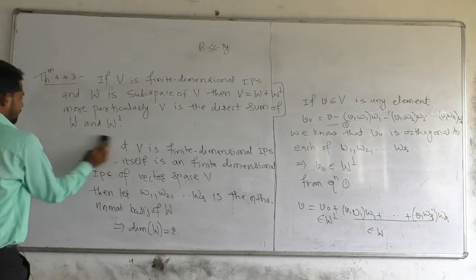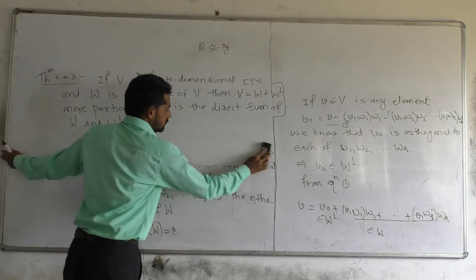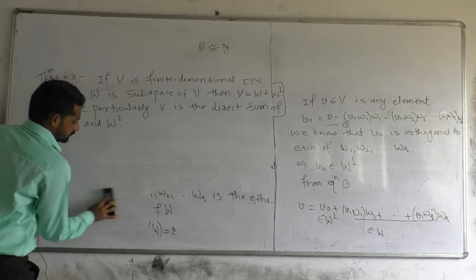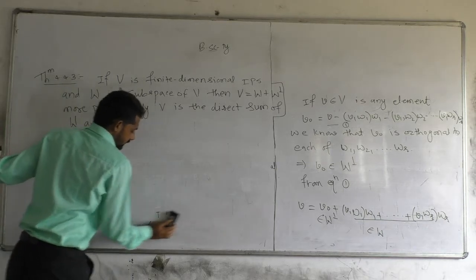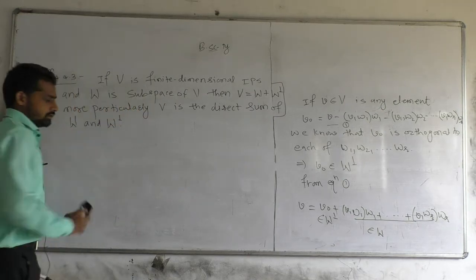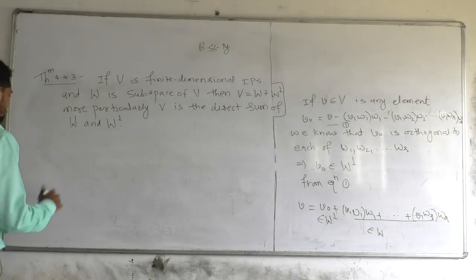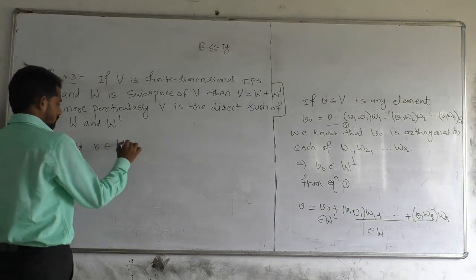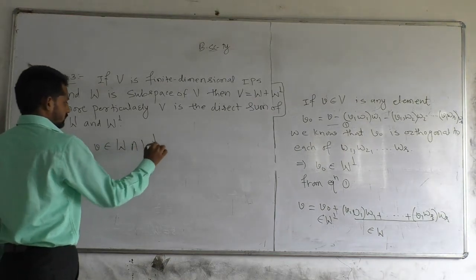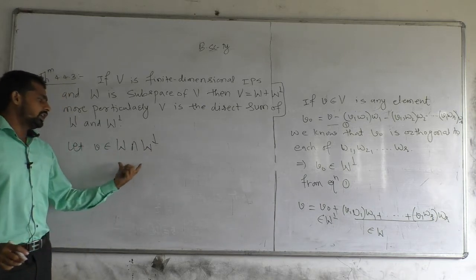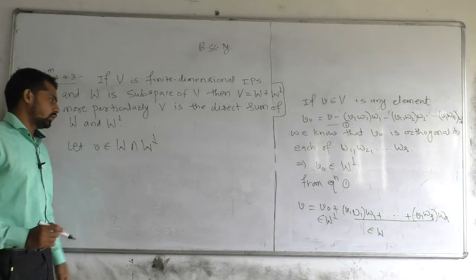Now, second, we have to prove that the only common element in both W and its orthogonal complement is 0. Let v belong to W intersection W perpendicular. That is, v is the common element of subspace W and its orthogonal complement.